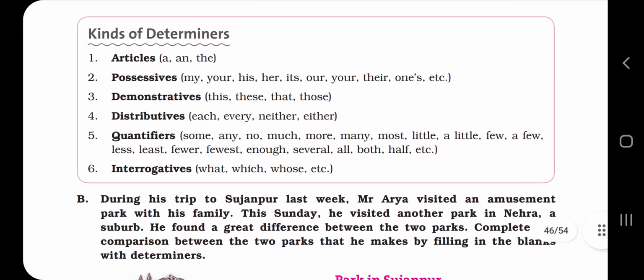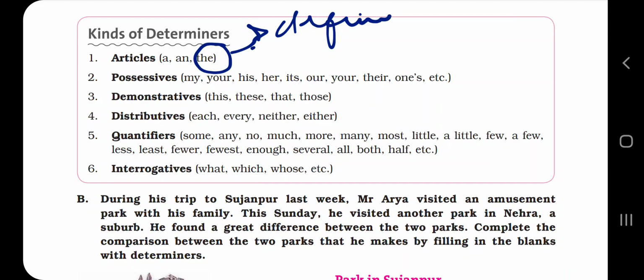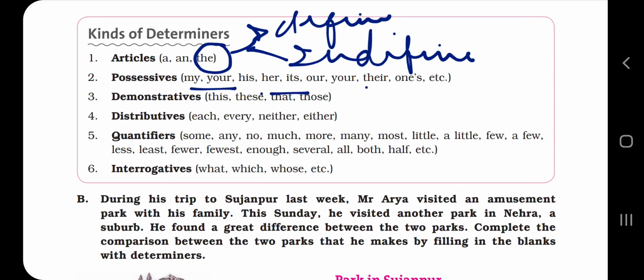Now see here, kinds of determiners. Articles: a and the. This can be divided into definite and indefinite. Now possessive: my, your, his, her. This is my book, that is your book, like this. Demonstrative: this, these, that, those books are mine, like that.